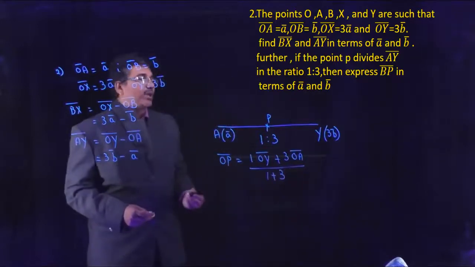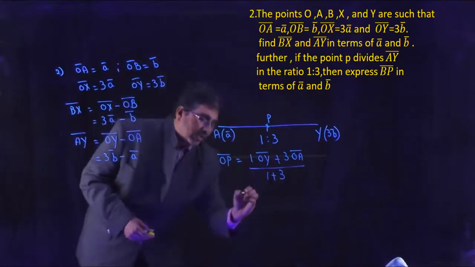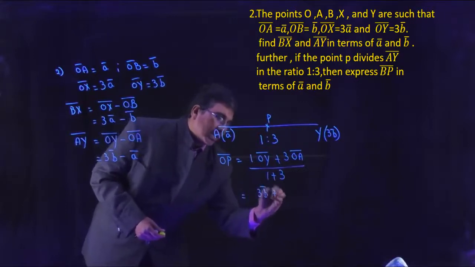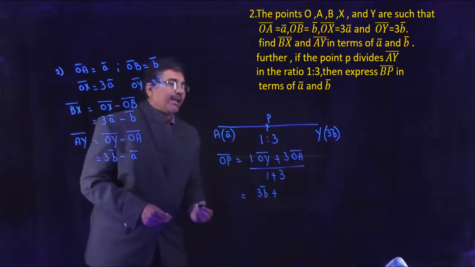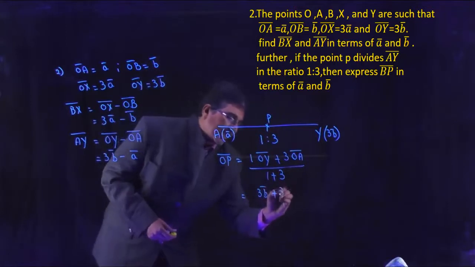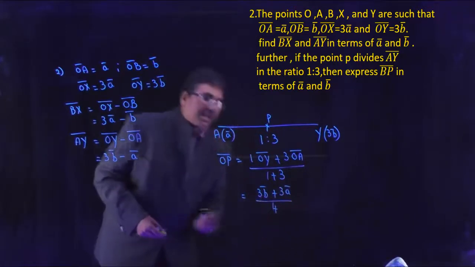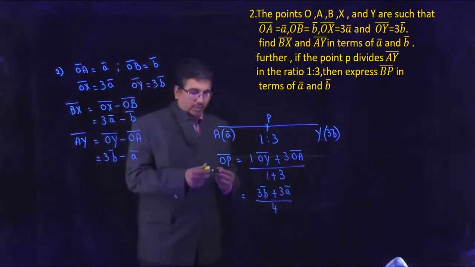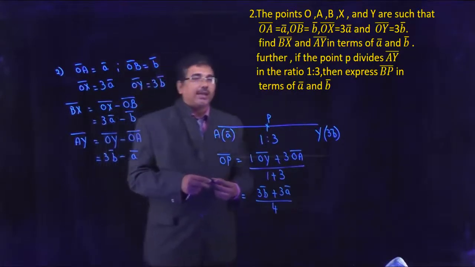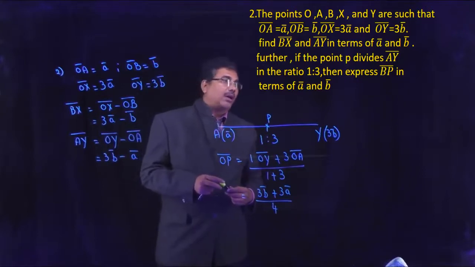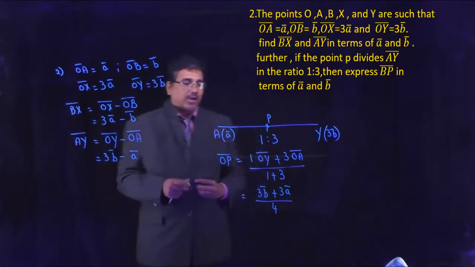That is equal to 1 into 3 times B bar plus 3 times A bar divided by 1 plus 3, that is 4. That is OP bar.